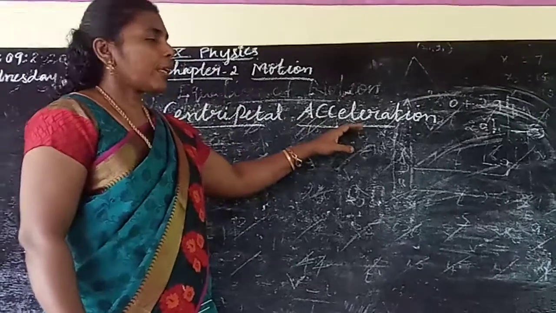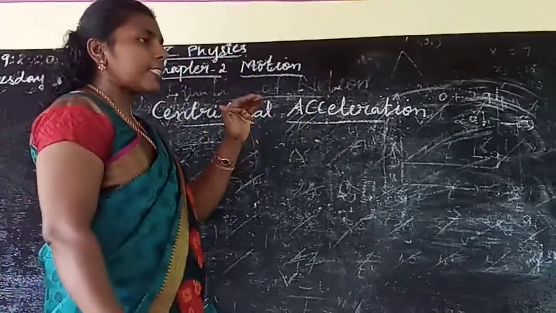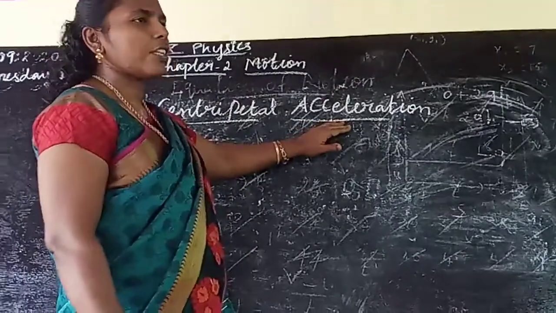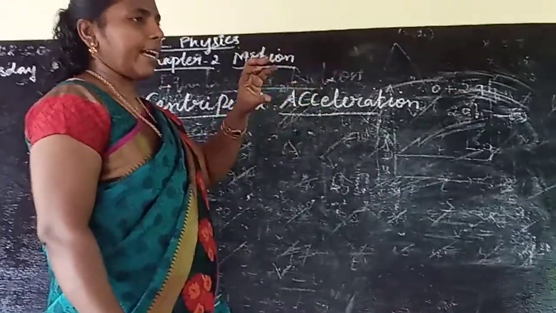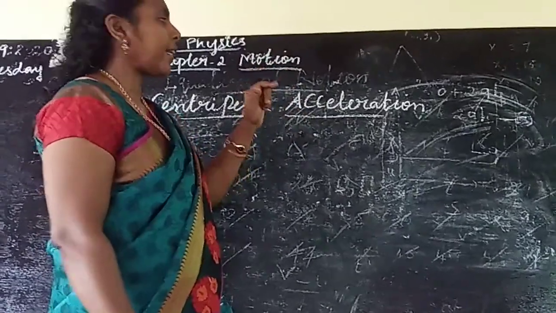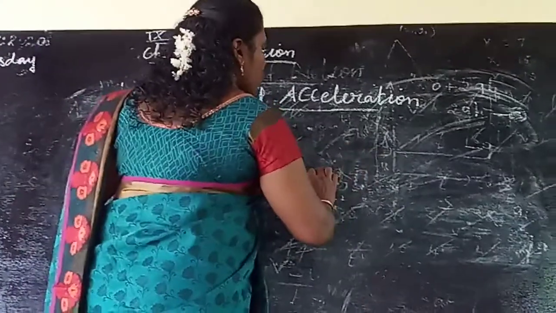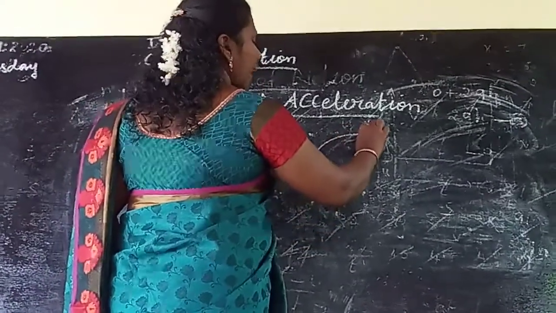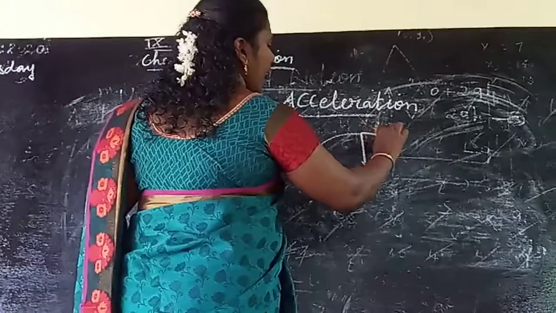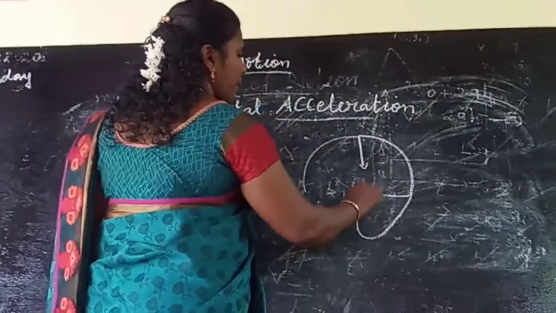Here the acceleration acts inward. So the velocity will change: its magnitude and direction will change. In this diagram, the object moves along a circular path and the acceleration of the string acts inward.